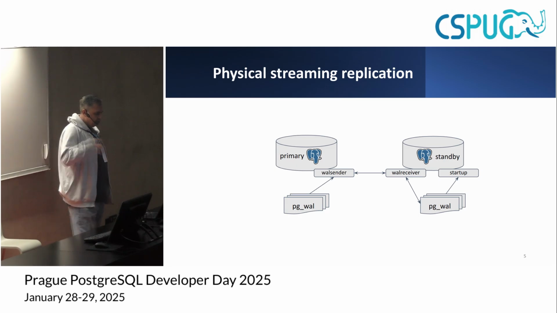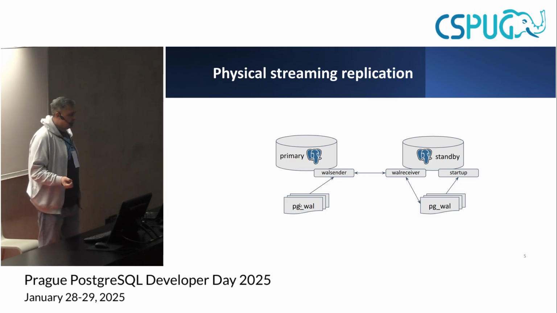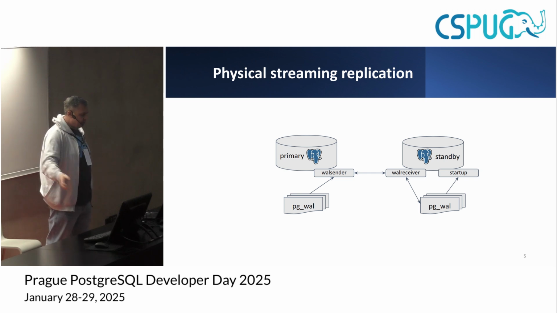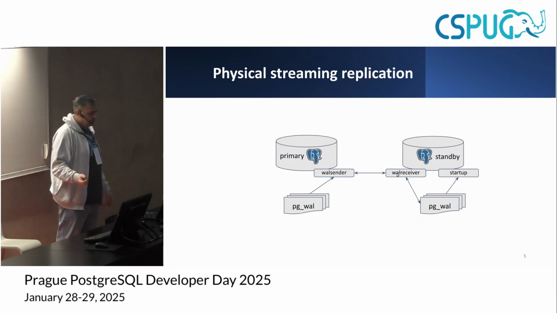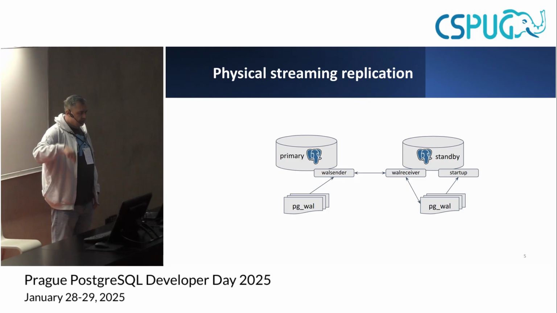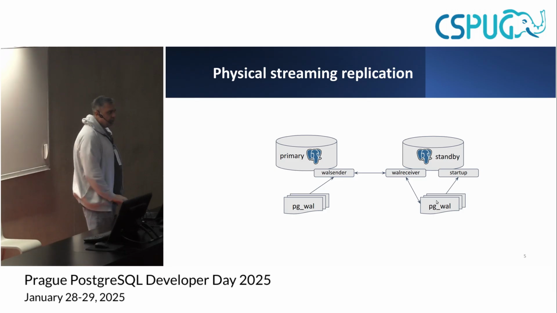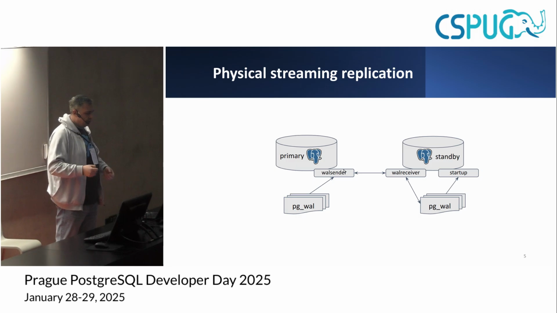WAL sender is effectively just reading from the file system, from the pg_wal directory, and sending this data over TCP to WAL receiver. WAL receiver writes this data to files on the file system, again to the pg_wal directory, and it also notifies WAL sender about its own state.